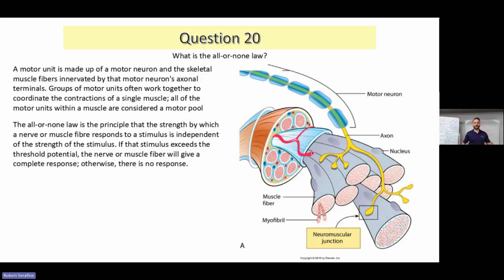So essentially, either the stimulus is strong enough to trigger a response, and then we do that response with no hesitation, or the stimulus isn't strong enough at all and we do nothing. So that's kind of the premise of the all or none law.